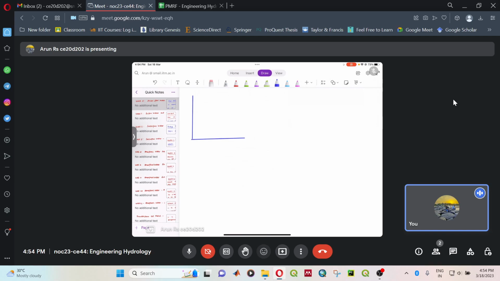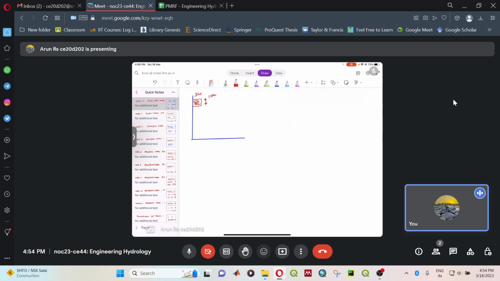So let us say that you have been given a rainfall of 3 hours duration, and the magnitude is 1 centimeter.